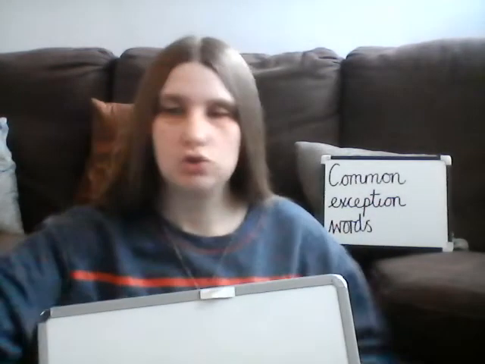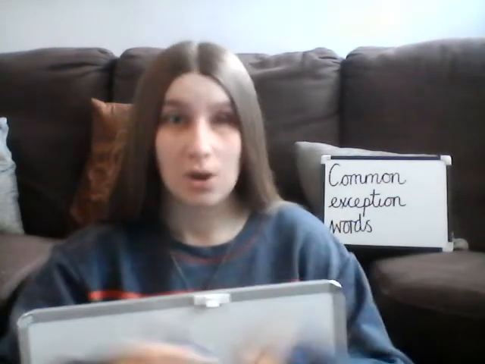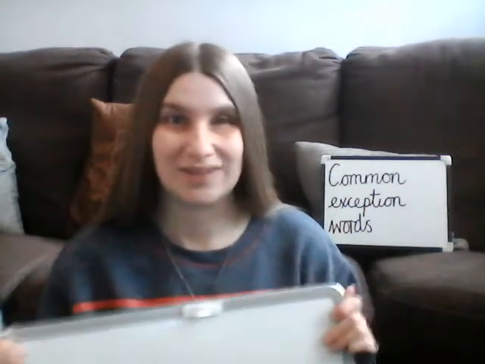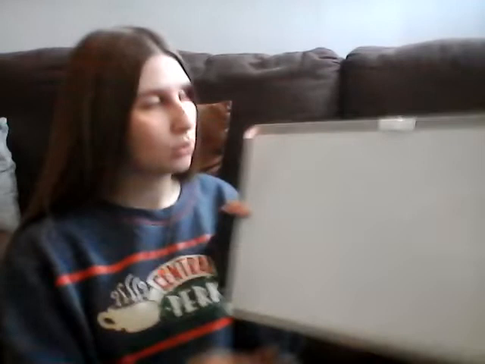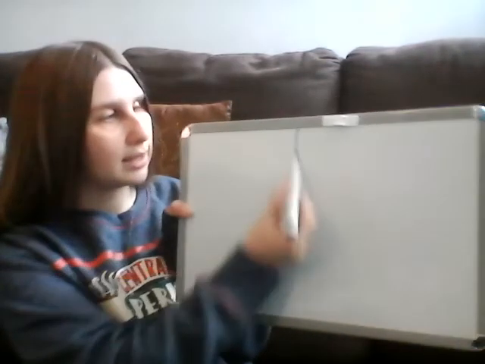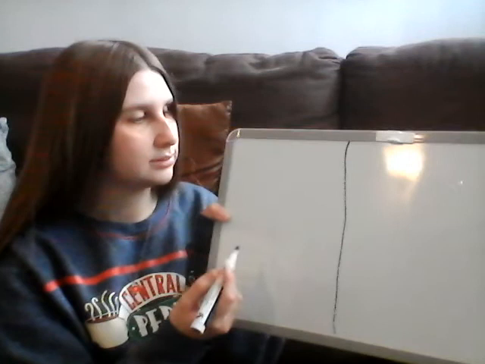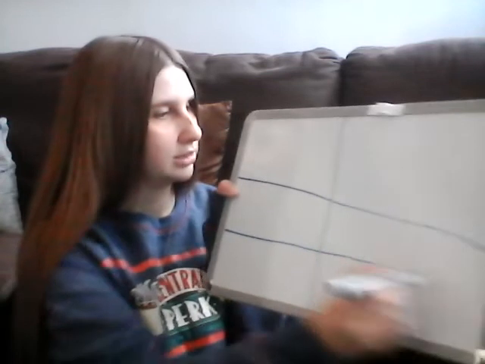Usually we do 9 squares, but because we've only got 8 words, I don't think we can do 9 squares because we won't be able to fill it up. So I want you to do 6 squares this time. So all you need to do is 1 line down the middle and 1 line across and 1 line across again.